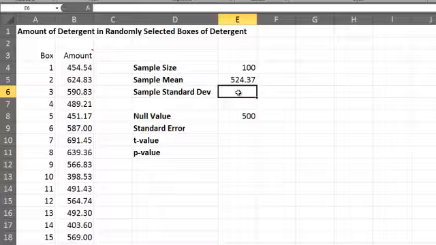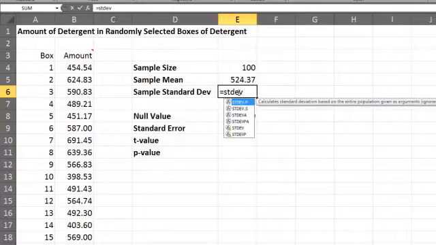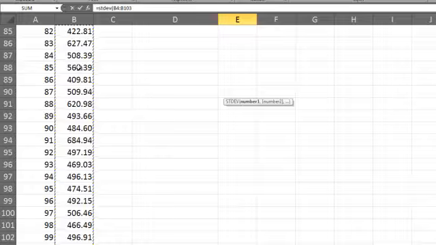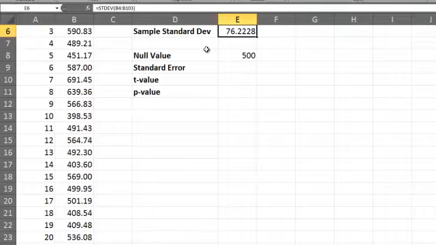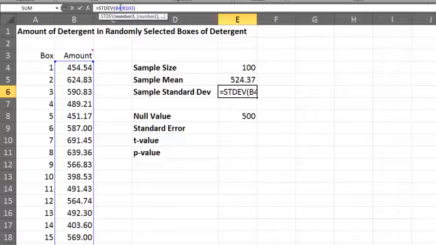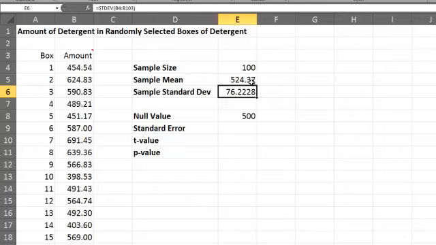So let's calculate the sample standard deviation: equals STDEV. And again, I select my values under the variable amount, Control Shift down arrow. Okay, so STDEV of my column of detergent amounts, and I get a value of 76 grams as my standard deviation from my sample.